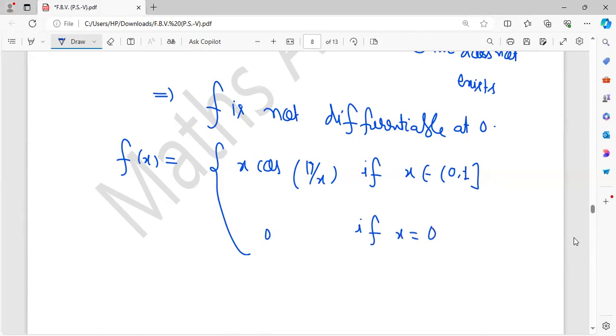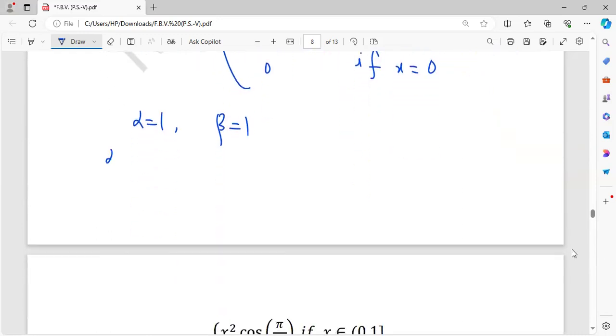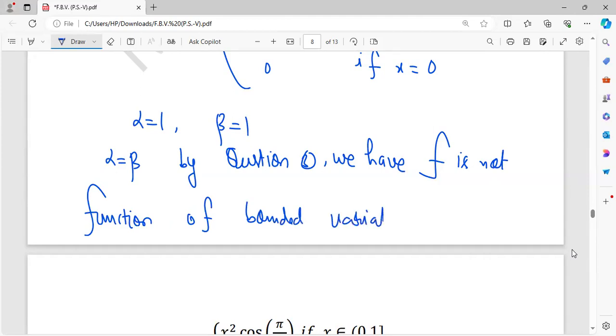What is alpha here? x to the power alpha is x to the power 1, so alpha is 1.